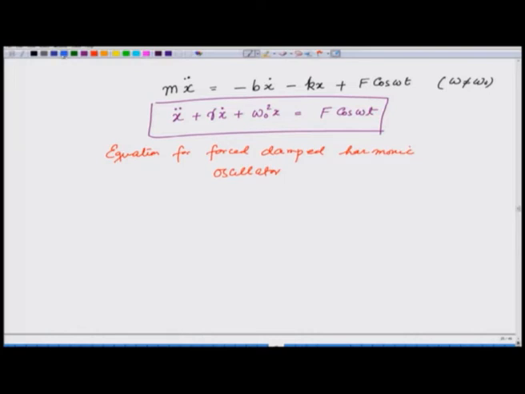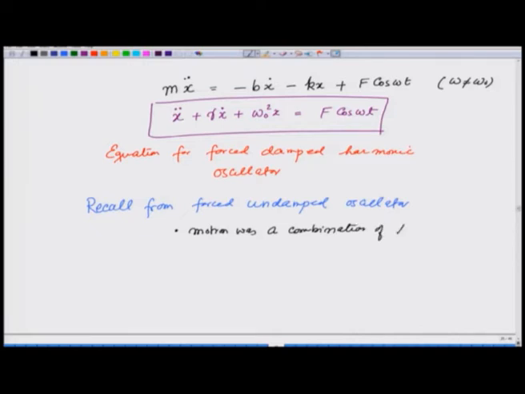Recall from the forced undamped oscillator that the motion was a combination of two different frequencies.